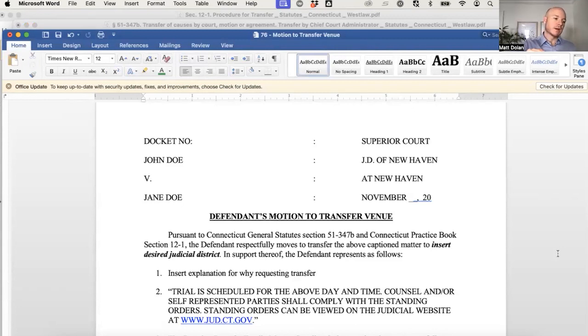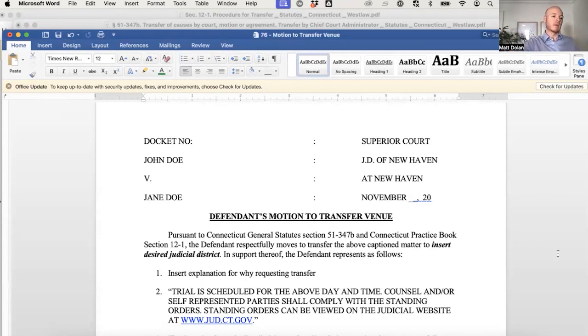Or maybe you got divorced in a certain jurisdiction, but everybody moved to the other side of the state, and it no longer makes sense to be in court on the opposite side of the state from where everybody's living. You might file a motion to transfer to the jurisdiction that makes more geographical sense.